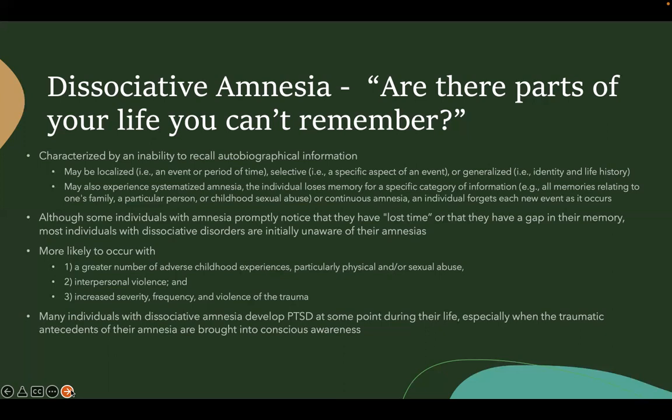So with dissociative disorders and stress disorders, there's definitely some correlation or association between these two categories of disorders. Again, this is especially when the traumatic antecedents of their amnesia are brought into conscious awareness. This is something that you'll learn in your trauma course, about some of the consequences and some of the things that we have to really be aware of and sensitive to, and really careful when we are eliciting some of those memories that the individual may have repressed or dissociated from in terms of their trauma.